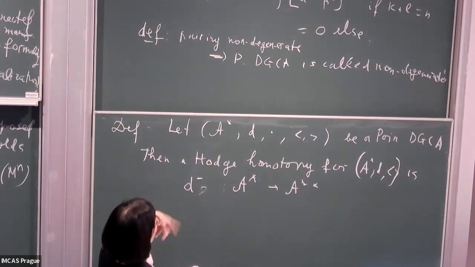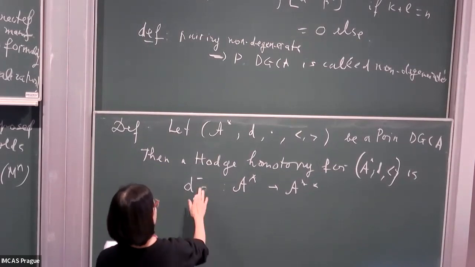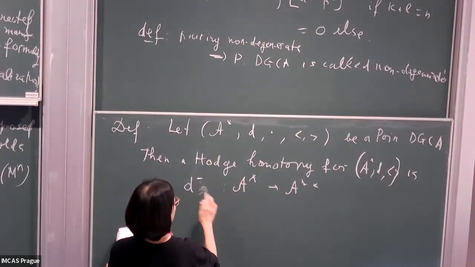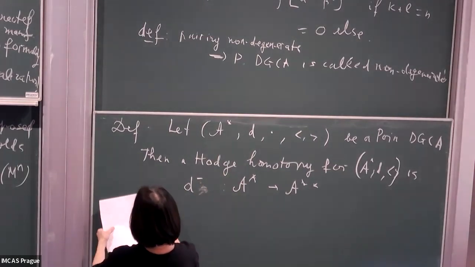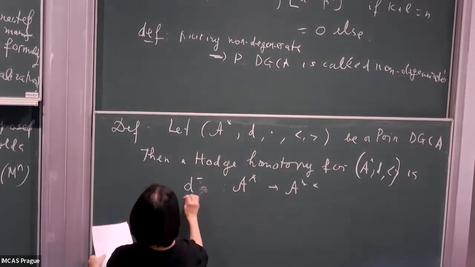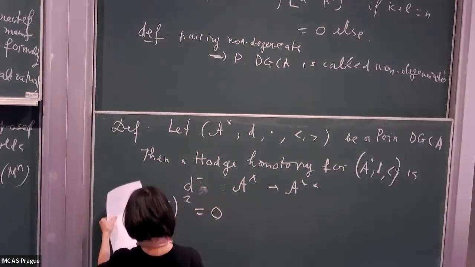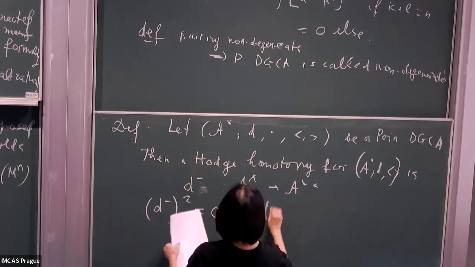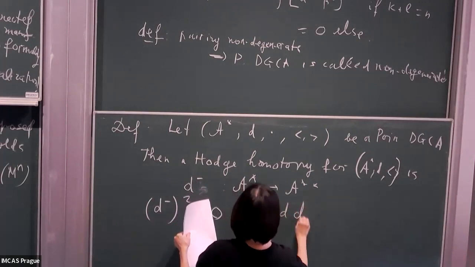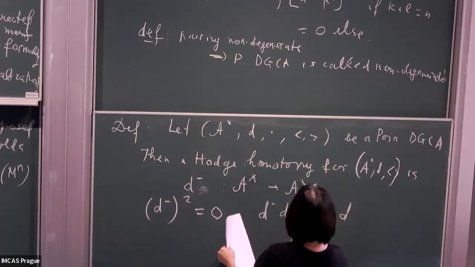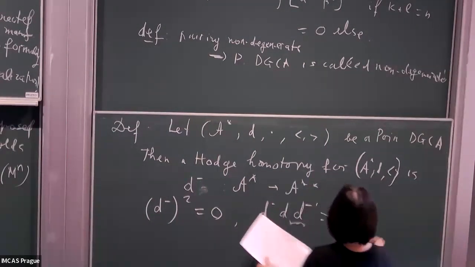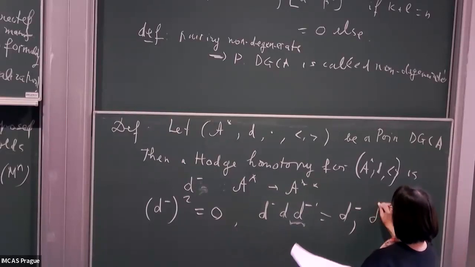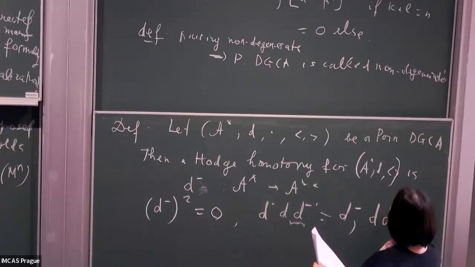So a Hodge homotopy is some operator of degree -1 here, and it satisfies the following conditions. d^- squared equals 0, and then d^- d d^- is equal to d^-, and likewise d d^- d is equal to d.